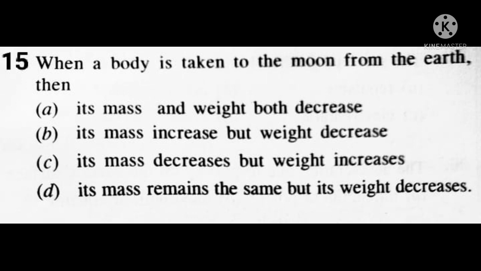If we take the body from earth to moon, the weight of the body decreases because weight is a gravitational pull, that is W is equal to mg, a product of mass and gravity. As we know that the value of g on moon is 1/6 of its value on earth. So in this question D is the correct option. When a body is taken to the moon from the earth, then its mass remains the same but its weight decreases.